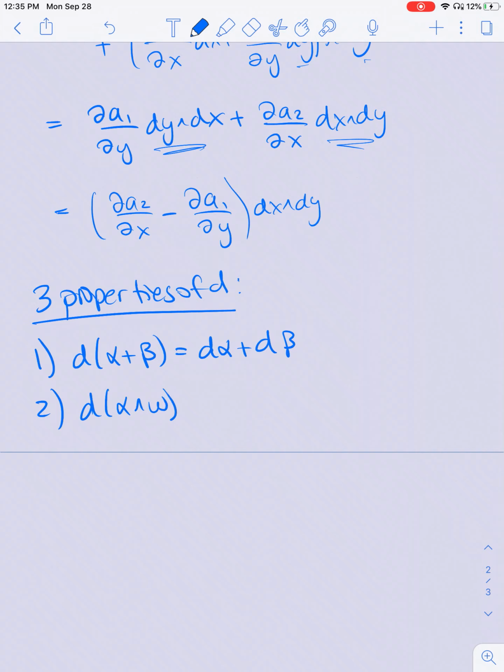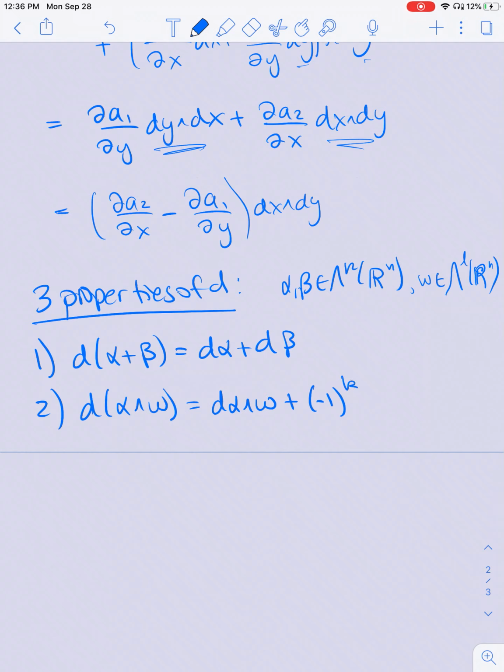So in this case, let's let alpha and beta be k forms on R^n, and omega be an l form on R^n. Okay, so then if I take d of a wedge product, then I just get d alpha wedge omega plus (-1)^k, remember alpha is a k form, alpha wedge d omega.